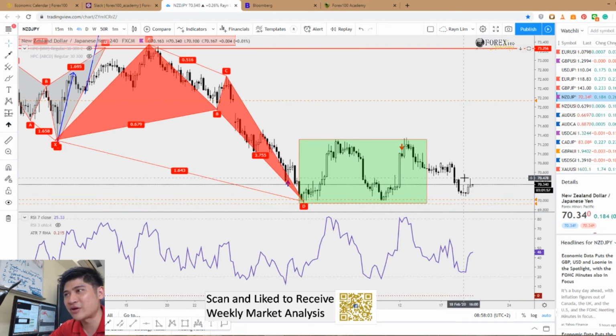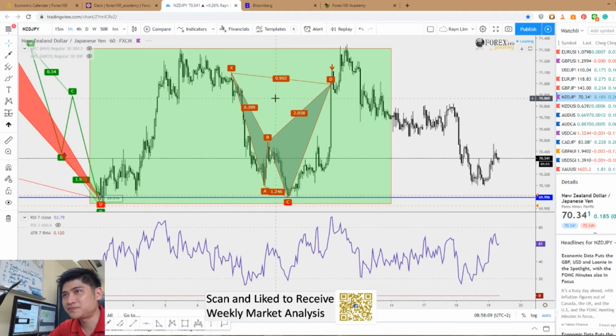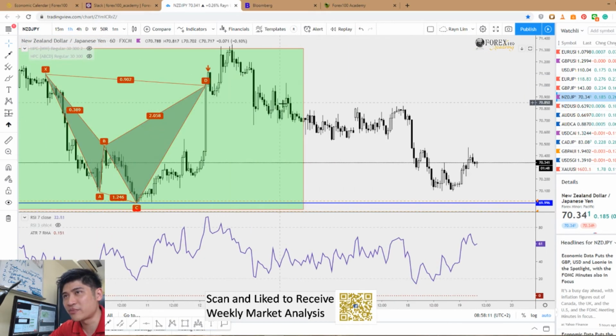So if you have a good entry opportunity, you may consider it, but do your own analysis. Down to the 1 hour. Nothing much for me apart from this shark that doesn't really work out. It supposedly hit the stop first before it came down. So this is a losing trade.